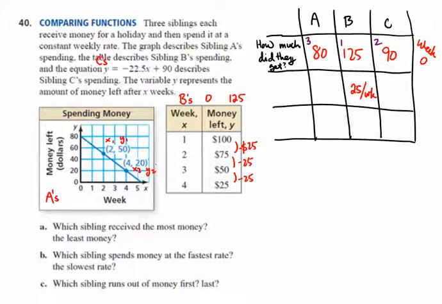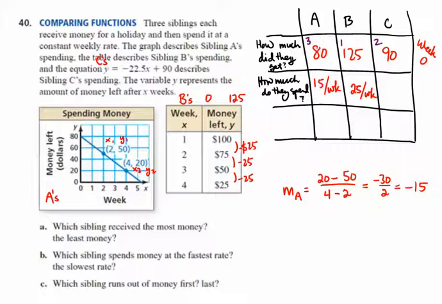The slope for sibling A would be y2, which is 20, minus y1, which is 50, over x2, which is 4, minus x1, which is 2. That gives me negative 30 over 2, or negative 15, which means that person A is spending $15 a week. Their money is going down by $15 a week.